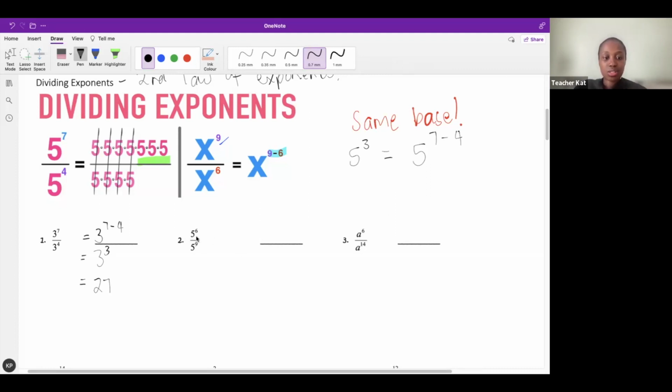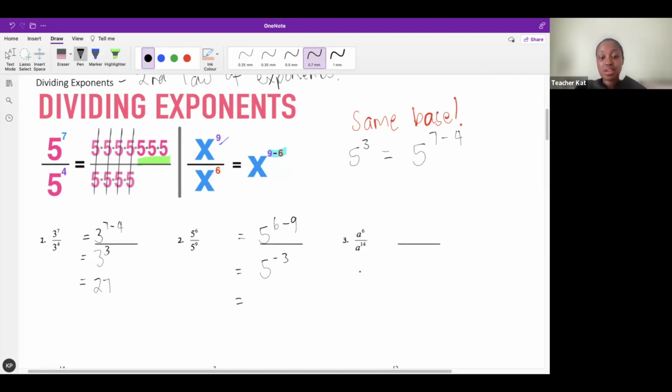Let's go to the next one. This is 5 to the power of 6 minus 9. So then it will be 5 to the power of what? So this is important to show you the order, okay? It does not matter which one is bigger. You always say the top one minus the bottom one. Thank you. It's negative 3. And does anyone know what 5 to the negative 3 is?